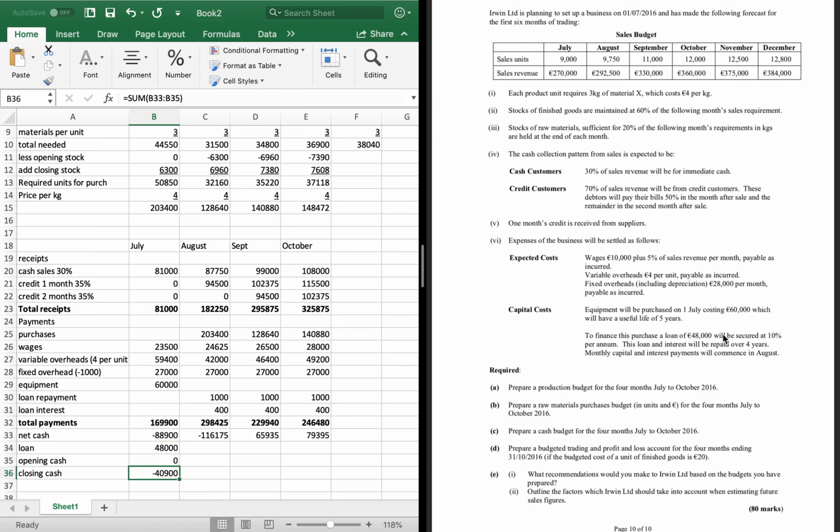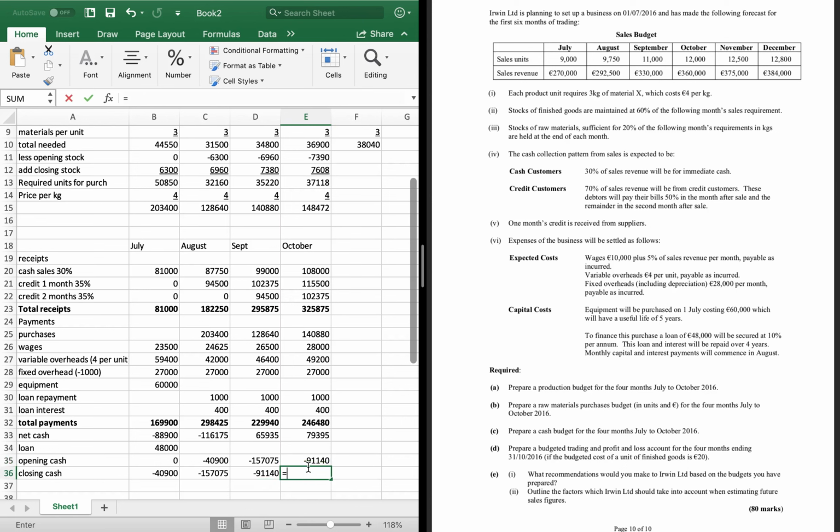Anyway, the closing cash for the first month becomes the opening cash for the second month. So then it's 116,175. Take away the 4,900 gives you minus 157,075. Then 65,935 plus 157,075 is 91,140 minus 91,140.